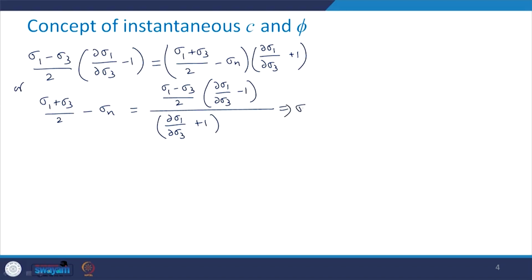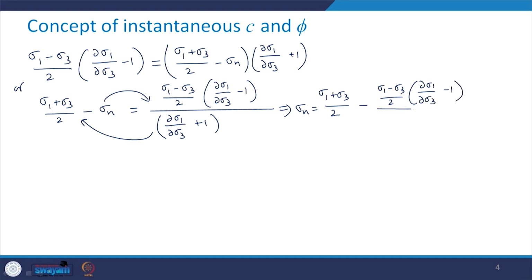Or sigma n can be written as (sigma 1 plus sigma 3)/2 minus this whole quantity. So, what I am doing here is taking this here and this quantity here, and what we are going to get is (sigma 1 minus sigma 3)/2 (del sigma 1/del sigma 3) minus 1 divided by (del sigma 1/del sigma 3) plus 1. That is how we are going to get this.